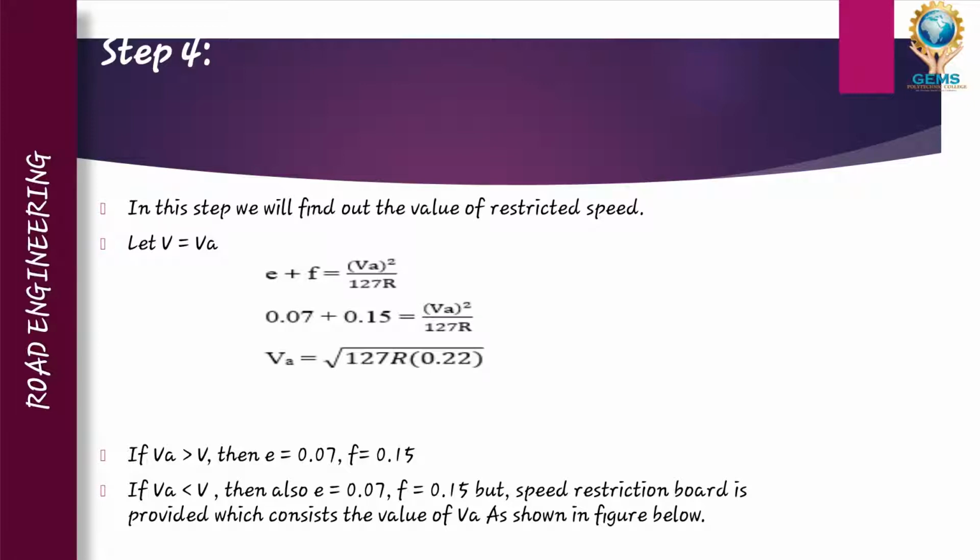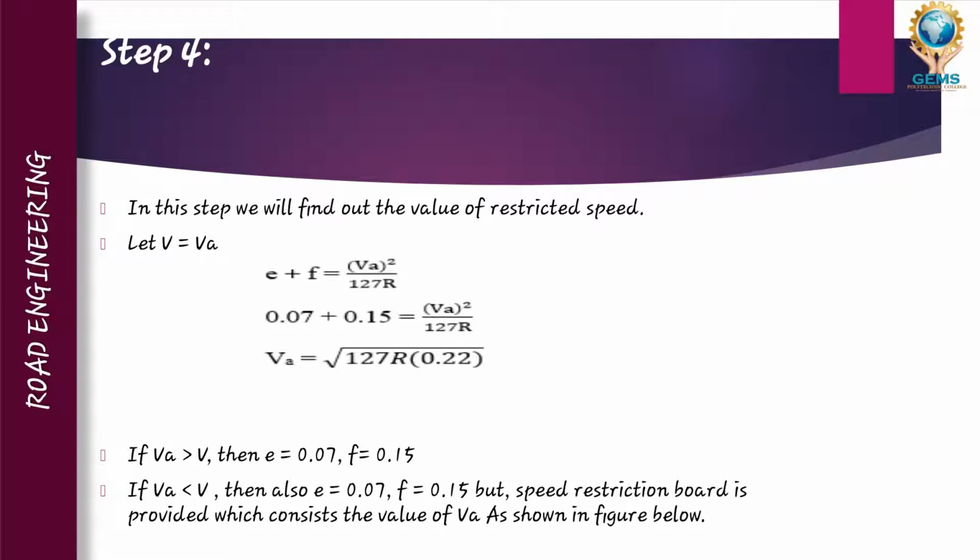So we only don't know about VA. For finding VA, if we take the square root, we will get VA equal to root of 127 R times 0.22, and this will be the VA value. If VA is greater than V, then E should be 0.07 and F should be 0.15.